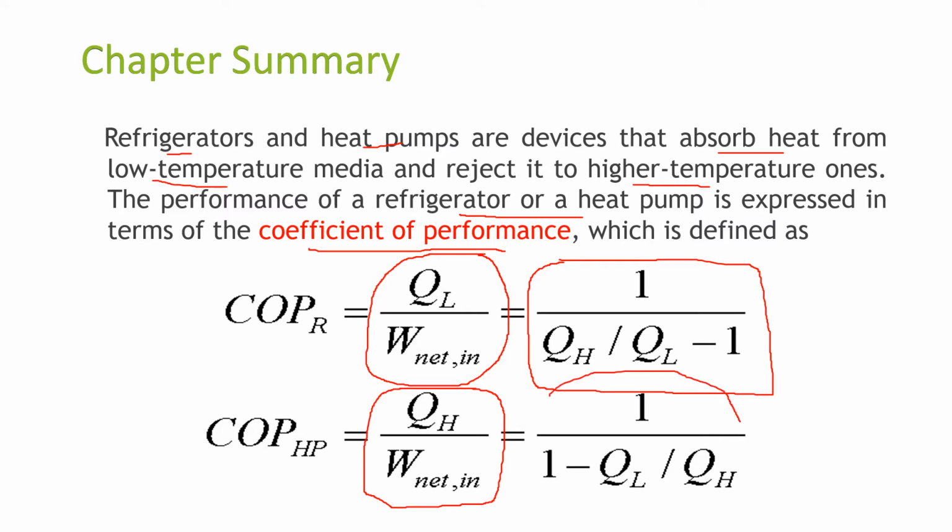So the COP of a heat pump can be expressed as 1 divided by 1 minus Q rejected per Q absorbed, or Q in.